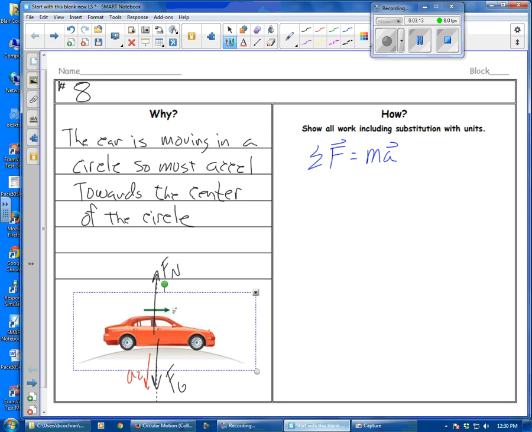Just for the mathematics, which way do you guys want to call positive? Up? Okay. So the sum of my forces, I would have the positive normal force minus the weight. That's going to equal the inertia, mass, and a negative acceleration that points towards the center of the circle, so negative a sub c.